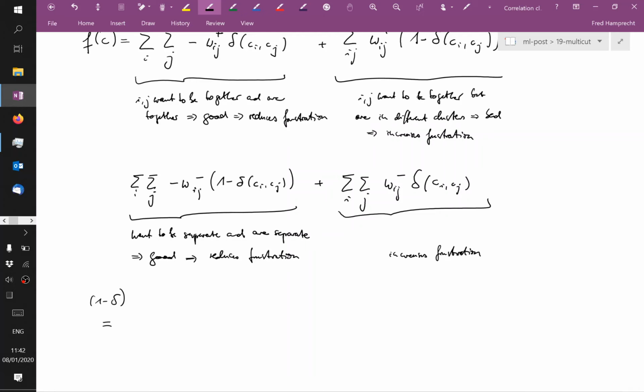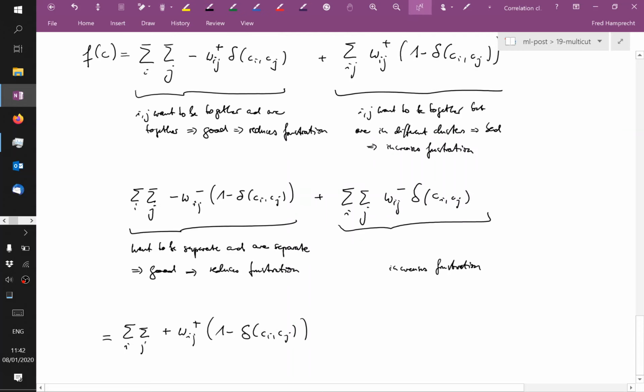Starting with the first term, I'm going to have plus w_ij plus, and then 1 minus delta of c_i and c_j. If you compare this to the first term, we now have introduced something which we need to get rid of again. So I'm going to subtract the part that I've just introduced, cancelling it.